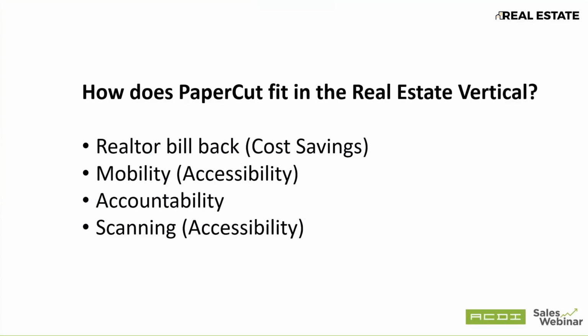Well, first and foremost, realtor bill back. You heard Doc and I mention during our legal presentation, one of the main things we talked about was client bill back. Well, guess what? In the real estate industry, these principal brokers, they don't have employees. They do have some employees. They're going to have some administrative staff that they're paying, their W-2 employees, right? They pay them a salary. They hold out their taxes. But a realtor is an independent contractor. They are a 1099 employee.